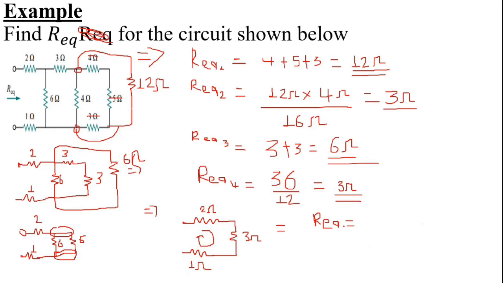So we have 2 plus 1 plus 3 equal to 6 ohm.